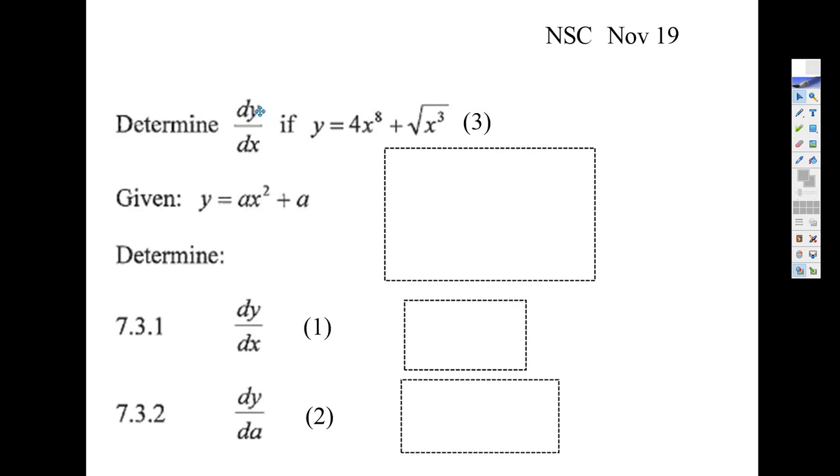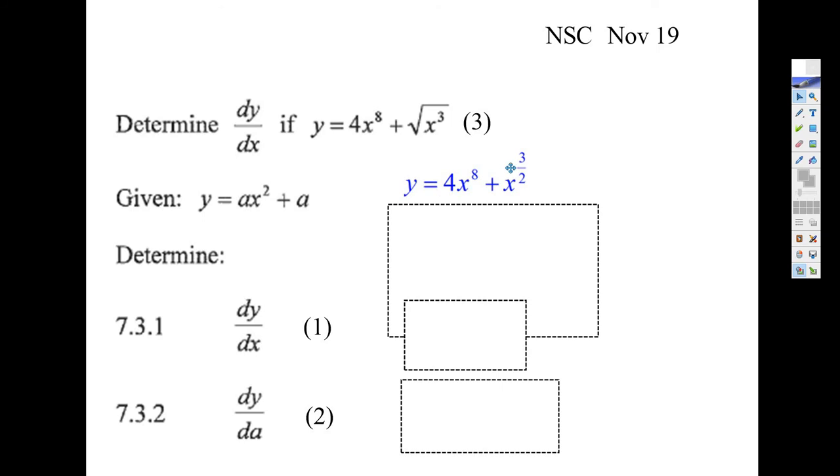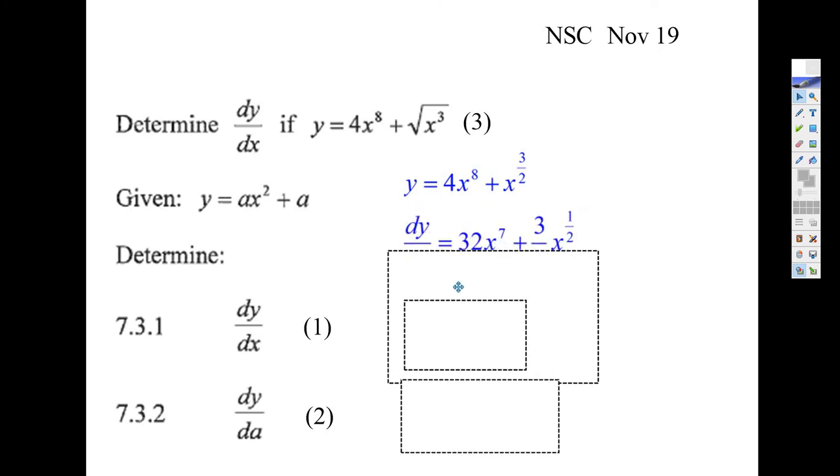It's pretty straightforward. Find dy dx if y equals 4x to the 8th power plus the square root of x cubed. Well, your first job is just to put this, and there's really a 2 out there, make it 3 over 2. There's your answer. And now that it's in the right form, you just multiply it in front.